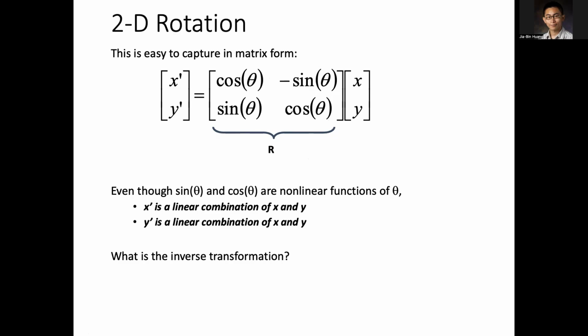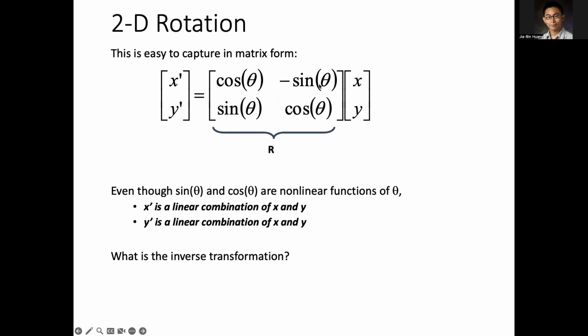Right. So you have a matrix, and if you do this, you can express the inverse as a transpose. By the way, why is the inverse transformation of rotating by theta just the transpose?